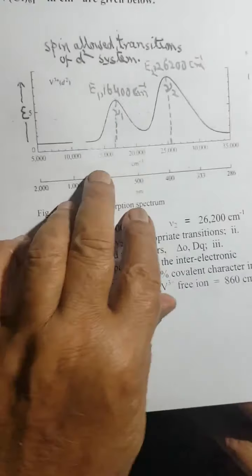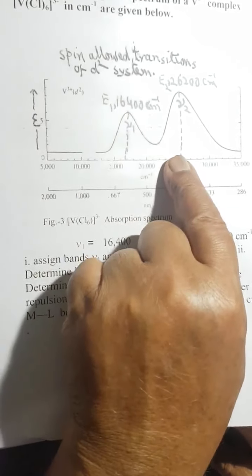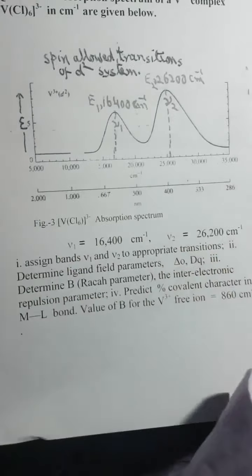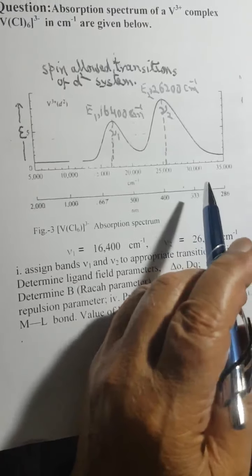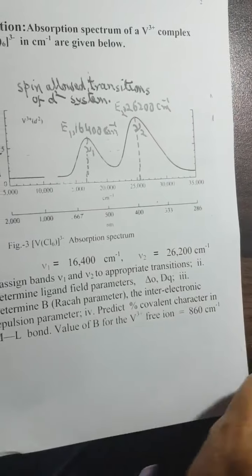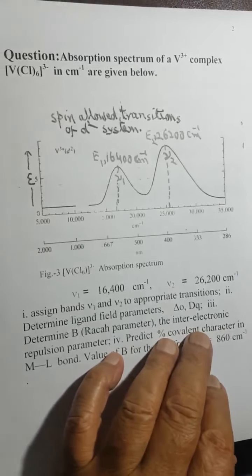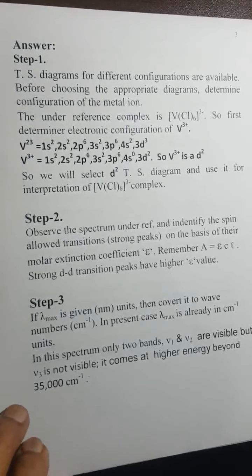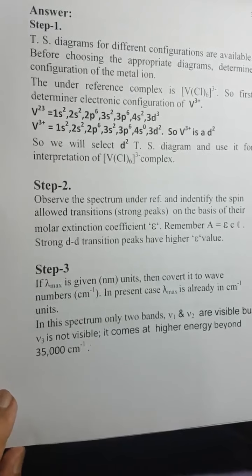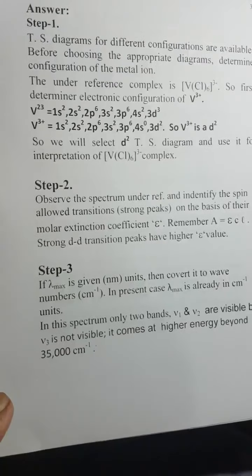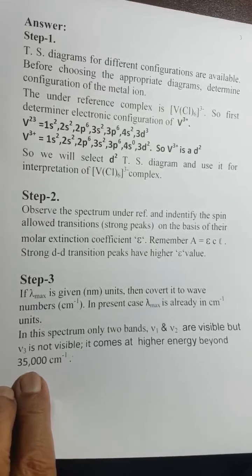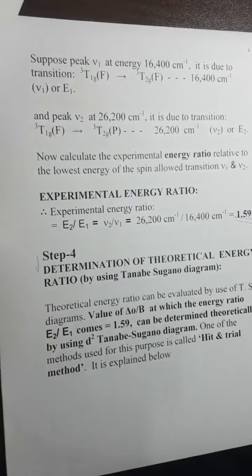The third band comes at higher energy, beyond 35,000 reciprocal centimeters, so it is not visible here.